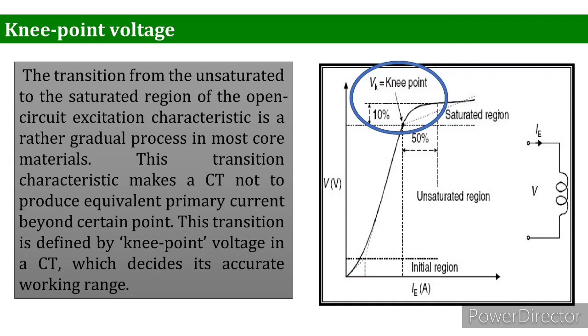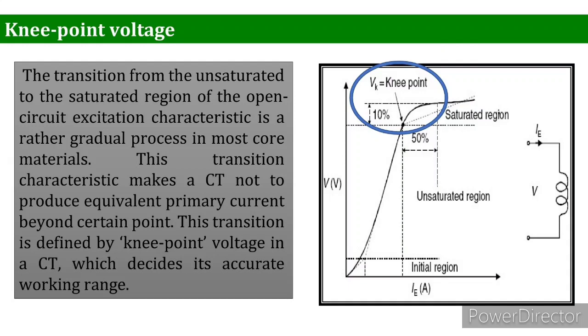This transition makes a CT unable to produce equivalent primary current beyond certain points. This transition is defined by the knee point voltage in a CT, which decides its accurate working range.